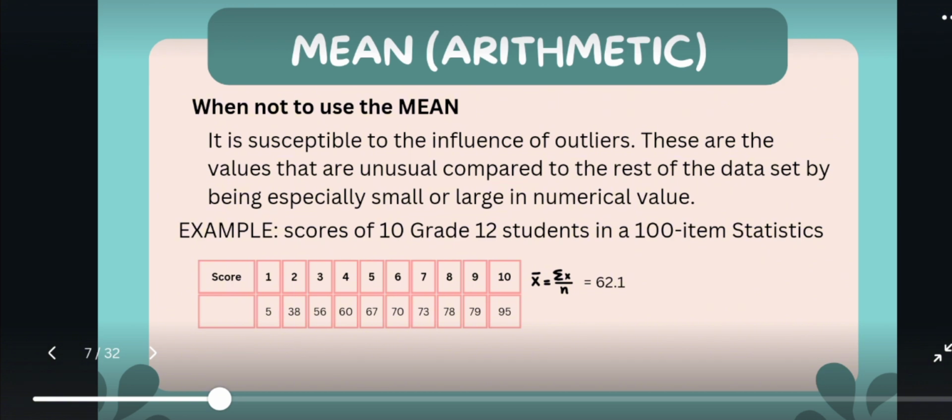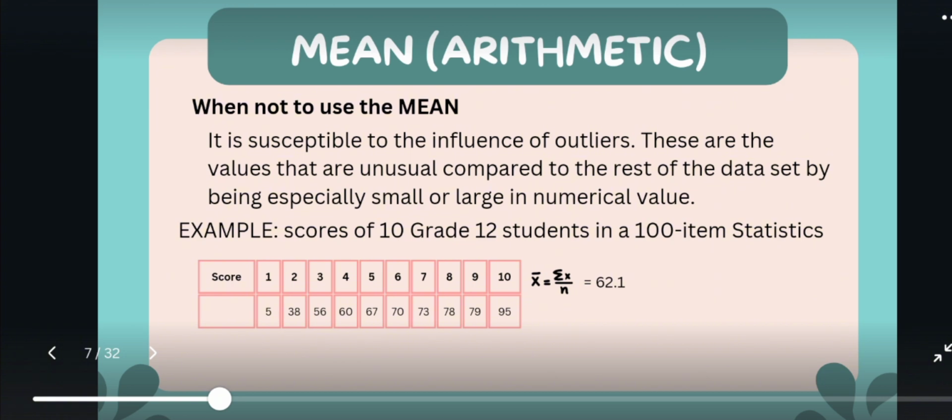So kapag ganito, sobrang layo o sobrang mababa sa scores ni students, then we cannot guarantee you to use the mean. For example, here we have the scores of 10 grade 12 students in a 100 items statistics. Si student 1, nakascore siya ng 5.